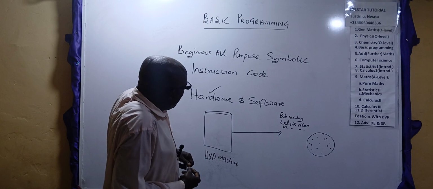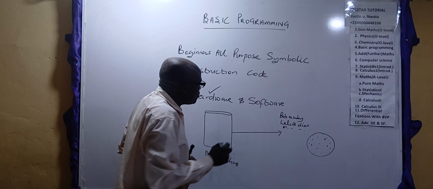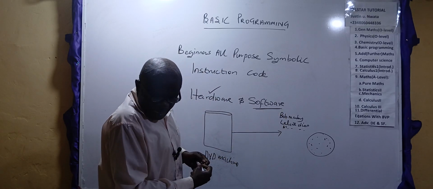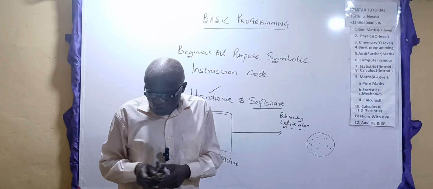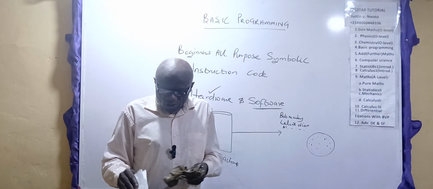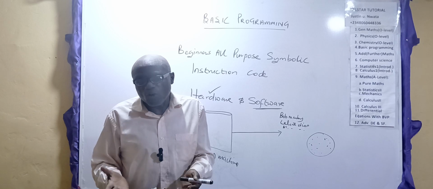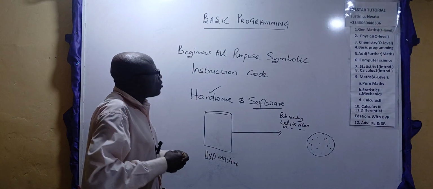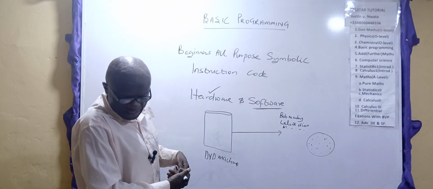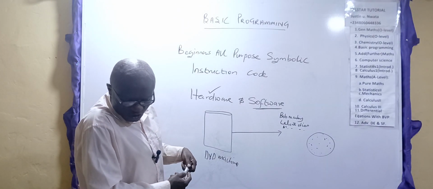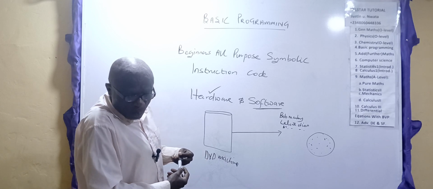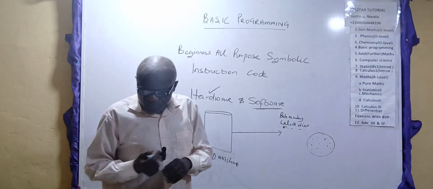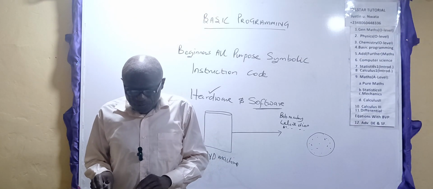Now, basic programming is concerned with software. We have different types of software which we can use to communicate with the computer. One of the commonest is what we call the BASIC language, or BASIC programming language. It is called Beginners All-purpose Symbolic Instruction Code, which was developed in 1964.